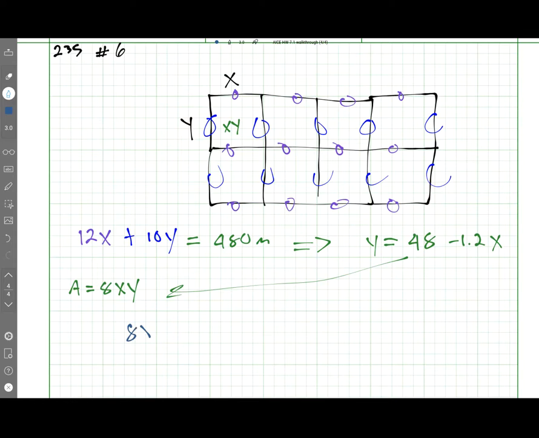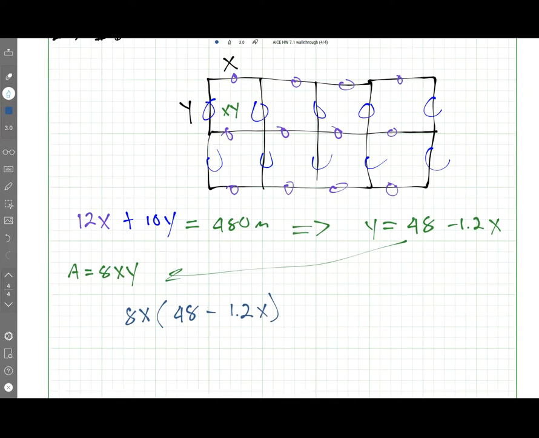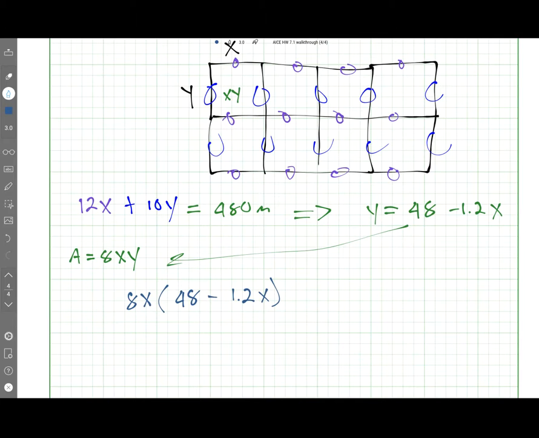So it's 8x times 48 minus 1.2x. And then 48 times 8 is 384x minus 9.6x squared equals area. So that's the first problem.